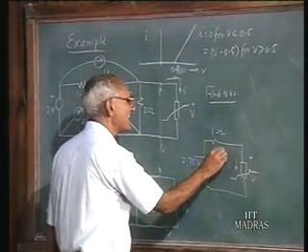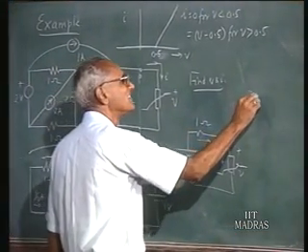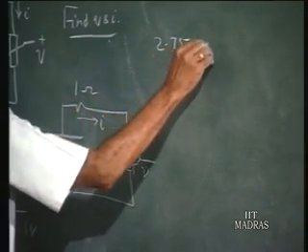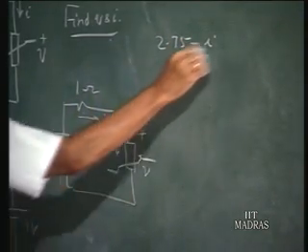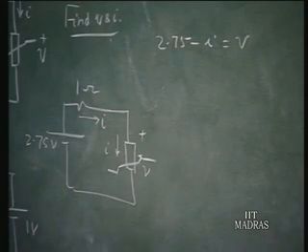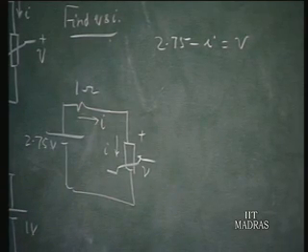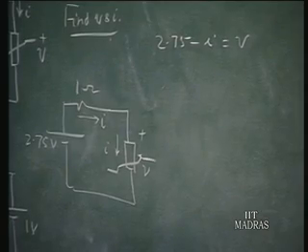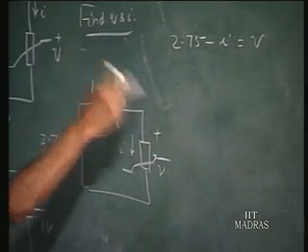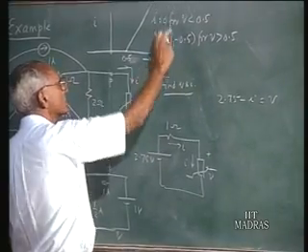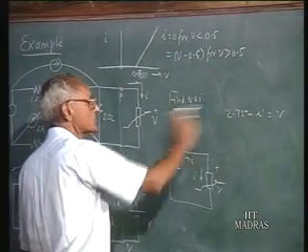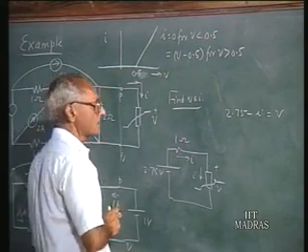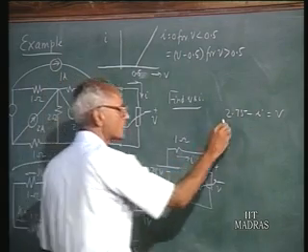If this current is I, 2.75 minus I times 1 minus I, that is the voltage across this nonlinear element. Therefore, we must find out V and I are also constrained in this manner. So simultaneously, whatever pair of values V and I we get, should satisfy both, and will be the actual voltage and current. So this is the relation.